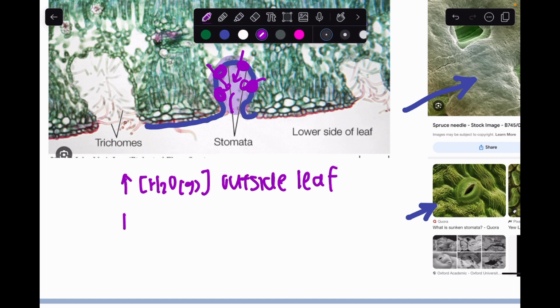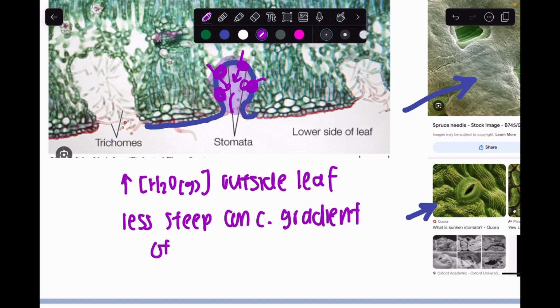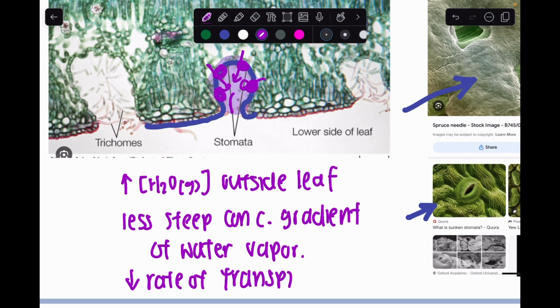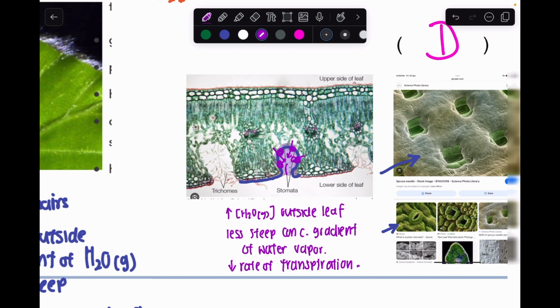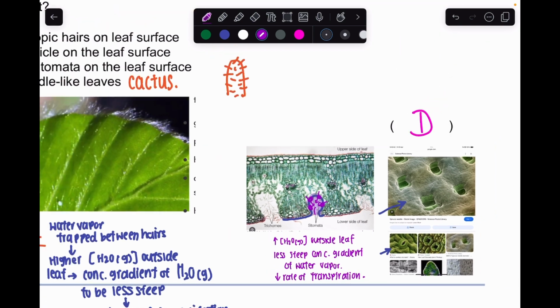This causes there to be a less steep concentration gradient of water vapor, and accordingly there will be a lower rate of water loss by transpiration. Okay, so once again, this is quite a good way for the plant to reduce their rates of transpiration, but once again, it is not as effective as not having leaves at all, like in cacti.